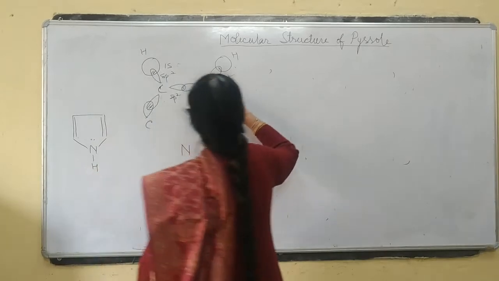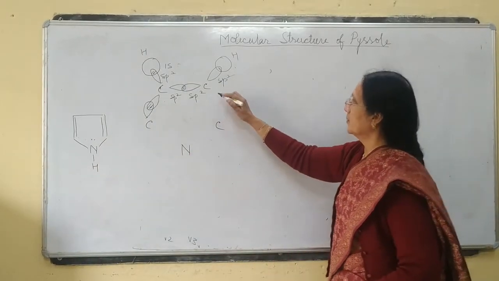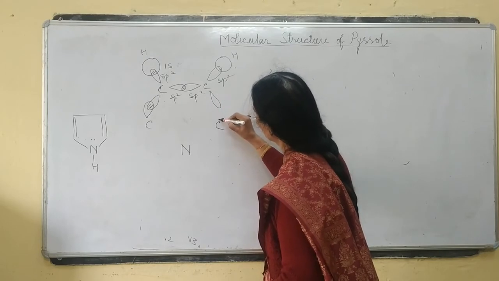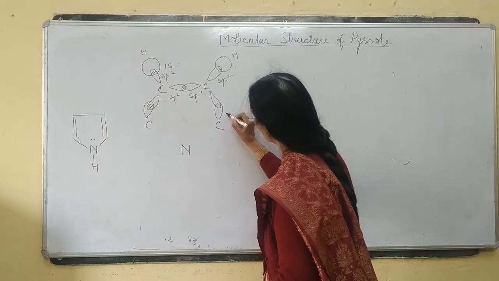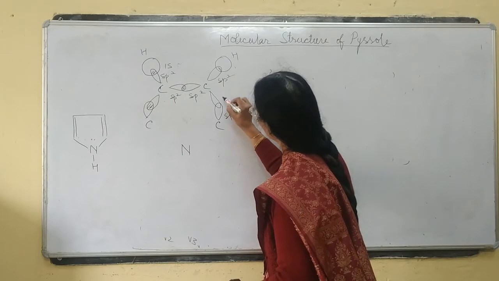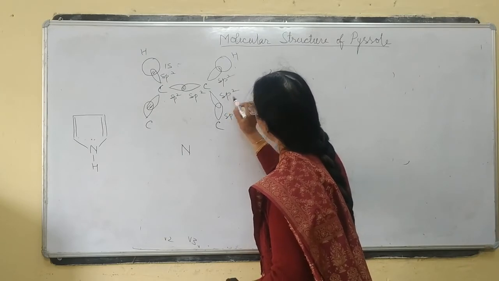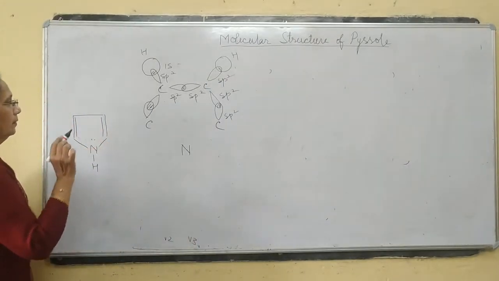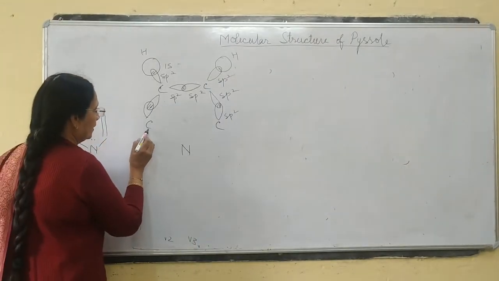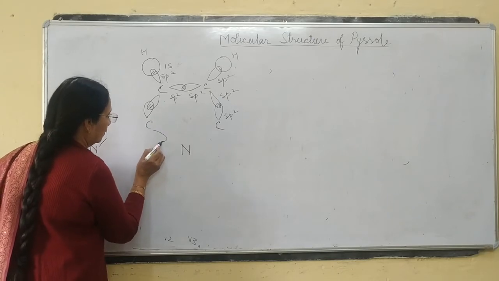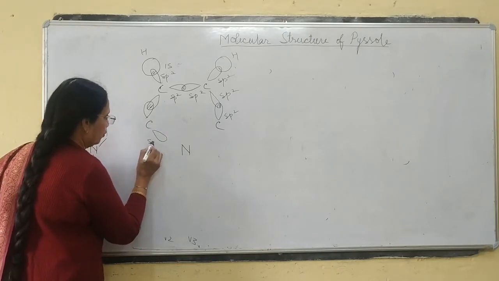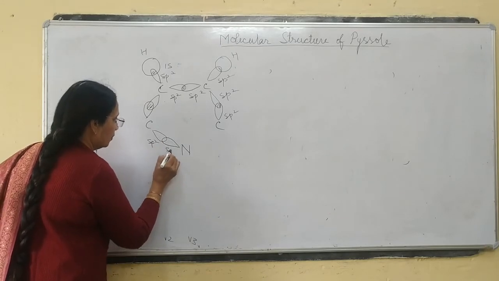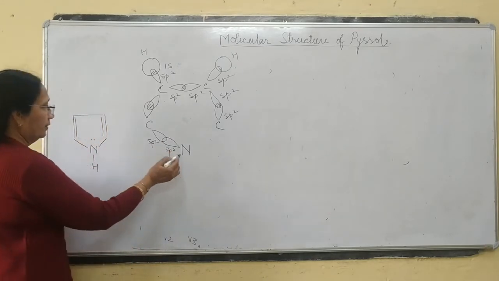Similarly, if we see this carbon atom, the third sp2 hybridized orbital overlaps with one sp2 hybridized orbital of another carbon atom. Now we can see this carbon atom having sp2 hybridized orbital overlaps with the sp2 hybridized orbital of nitrogen.